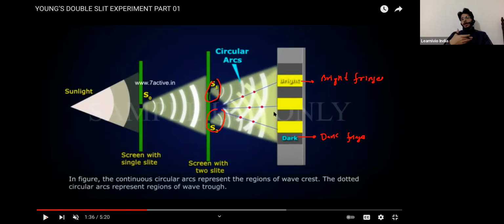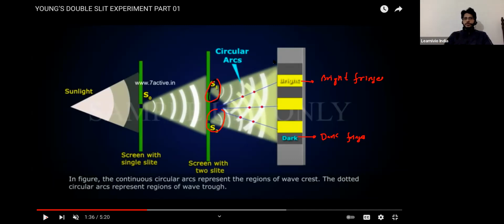So what do we have to derive mathematically? First of all, we have to derive the conditions under which we get bright fringes and the conditions under which we get dark fringes. When will you get a bright fringe and when will you get a dark fringe, we derive those conditions first.